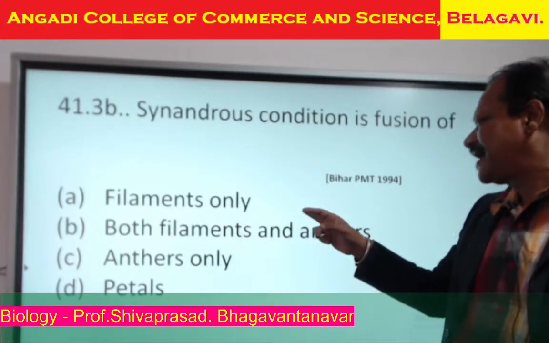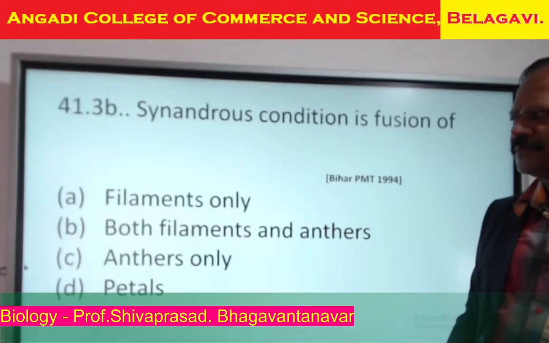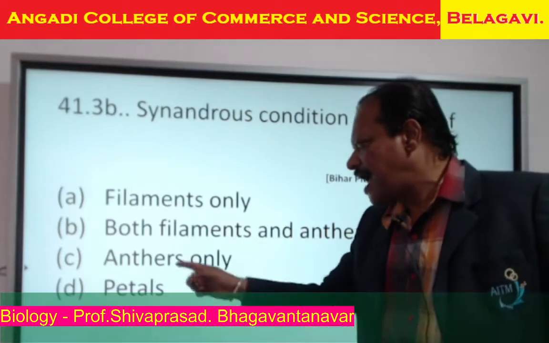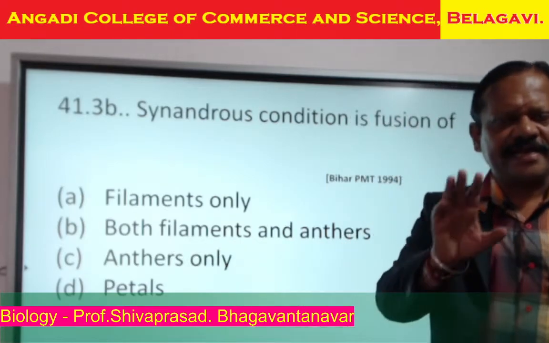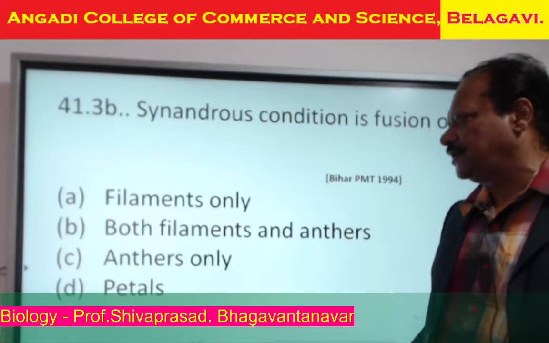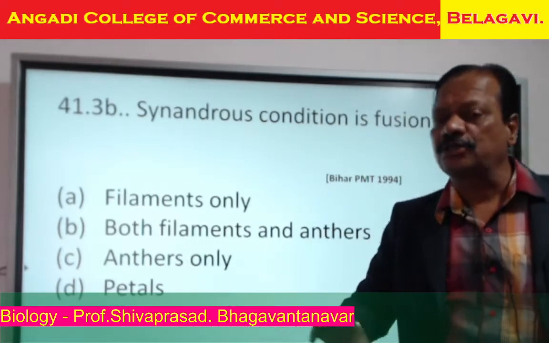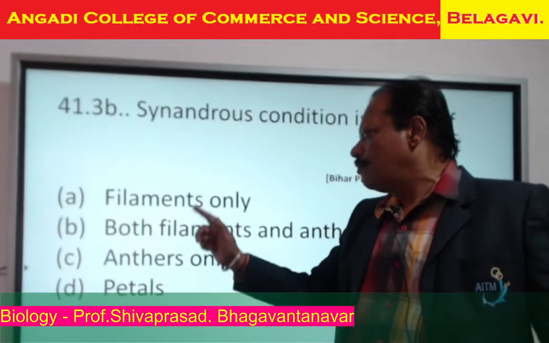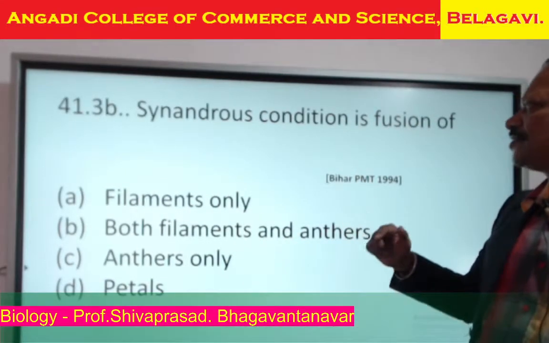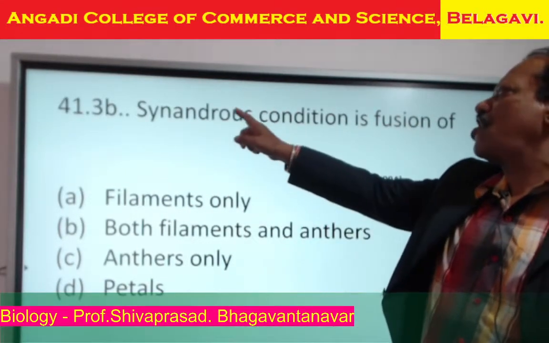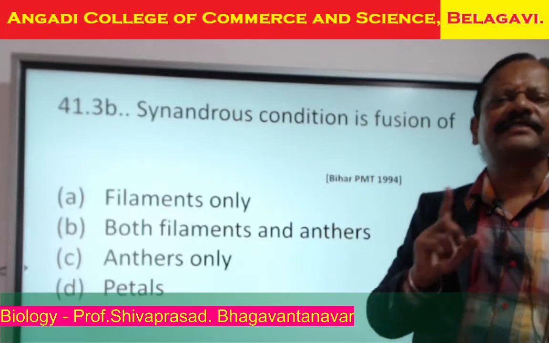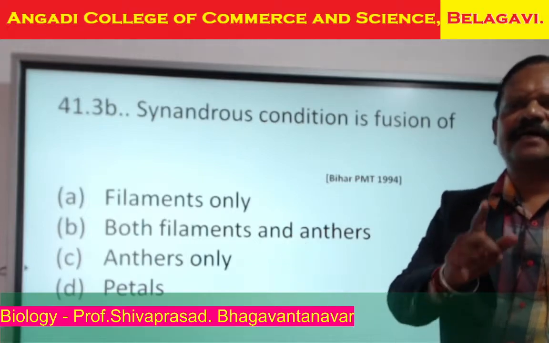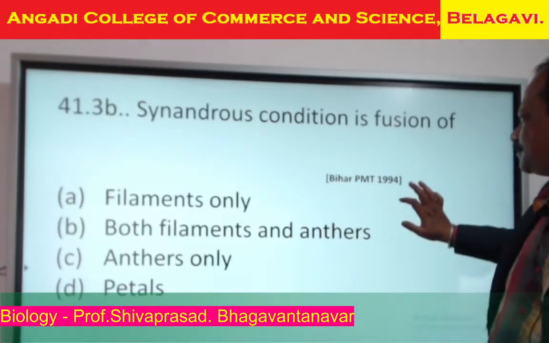Both filaments and anthers. Okay, I'll come back to the B. We'll see the third, anthers only. It is also not the right answer. Petals, it is no way concerned. So as a result, option B, both filaments and anthers together they are called as synandrous condition. So as a result, option B is the right answer.